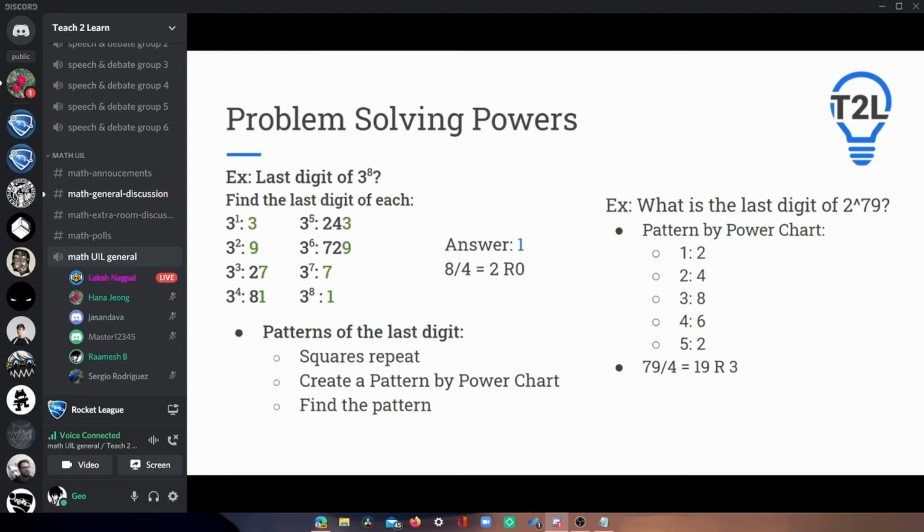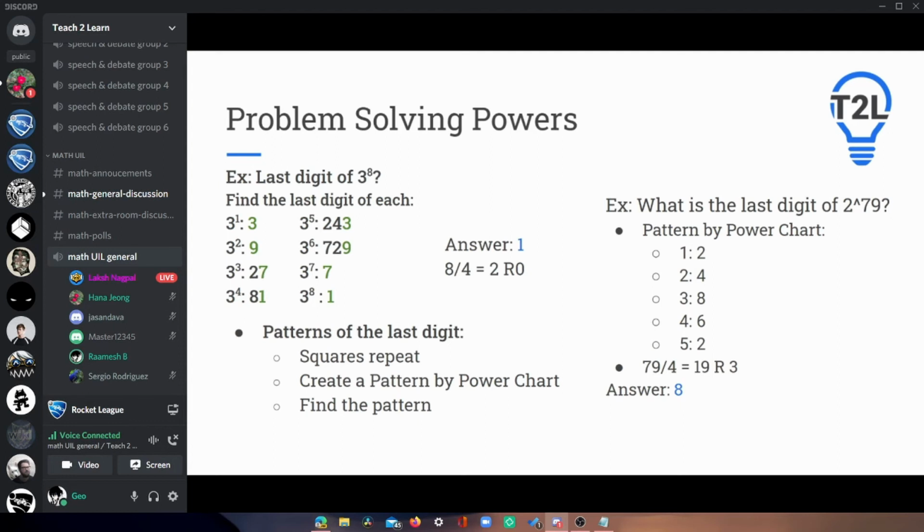Okay. So you divide the exponent by the interval that it repeats. For 3's it's 4, so you divide 8 by 4, and you have a remainder of 0. Be sure to keep track of that remainder. With that remainder, you put 3 to the power of that remainder, and you take the last digit of that.